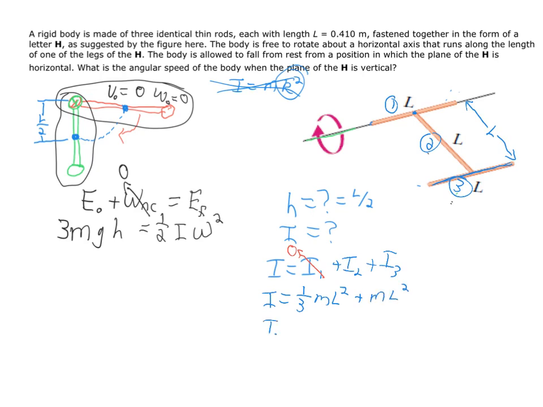So the total I for our entire object here is just going to be 4/3 ml squared. If we take this equation and pop it in over here to our equation for the conservation of energy, in theory we should be able to solve for the omega.